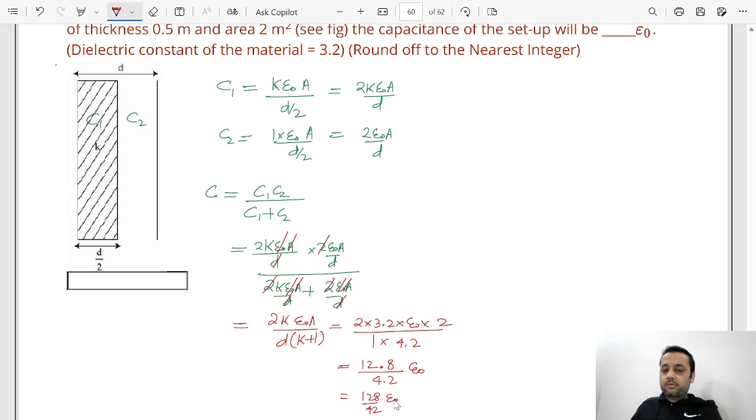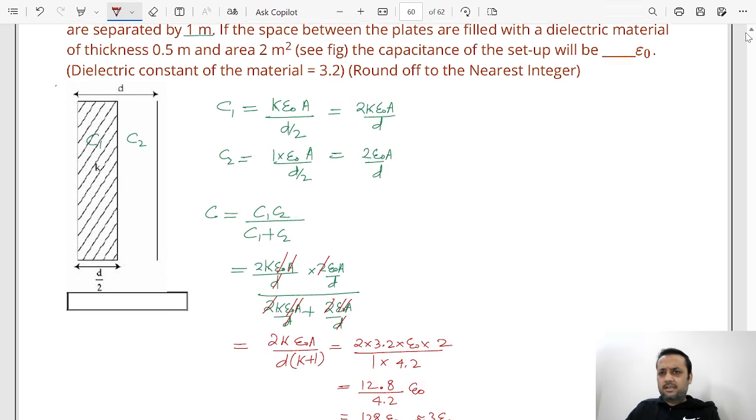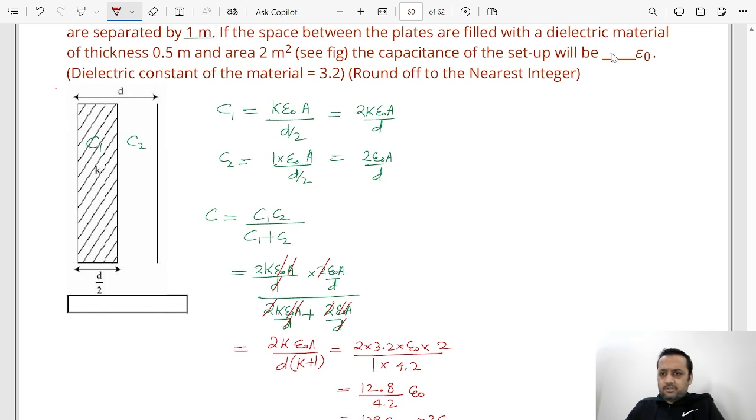Now 42 into 3 is 126, so this is very close to 3. We have to round off to the nearest integer, so 128 by 42 is almost 3 only, so the answer will be 3 epsilon naught.